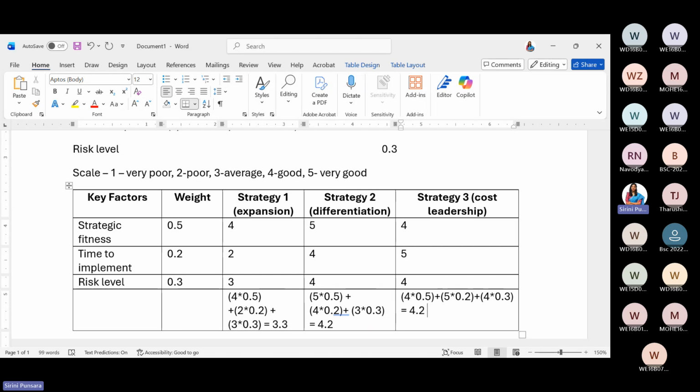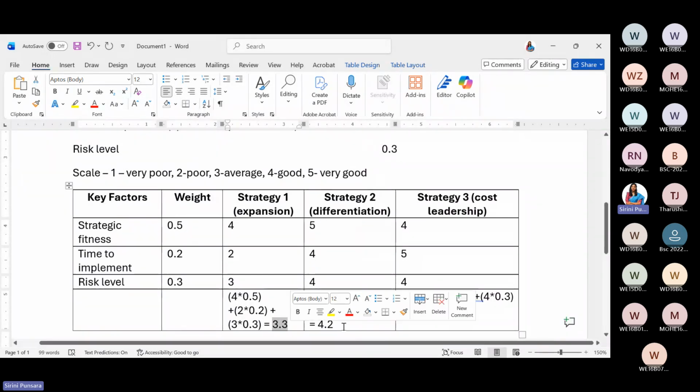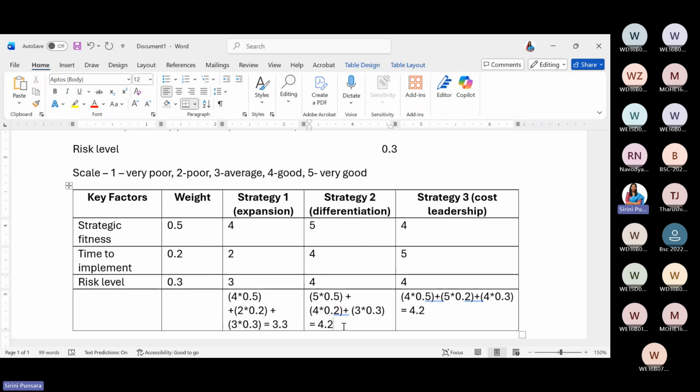In that case, we have to use another key factor to evaluate these two, right? So what will normally happen is, once we get the final value here, we are going to check which strategy received the highest value. According to this example, there are two strategies with the highest values, strategy 2 and strategy 3.